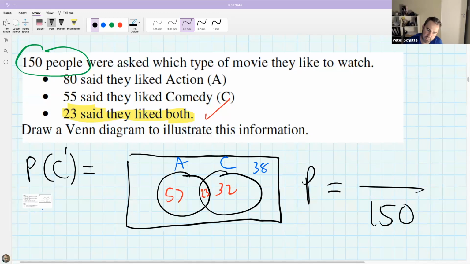Well, it can't be in circle C. So the only items that are not in the circle C are going to be the 57, but don't forget about the people who don't like anything, because they don't like comedy. So we get 95 out of 150. So the probability of getting someone who doesn't say they like comedy is pretty high. It's pretty close to 66%.